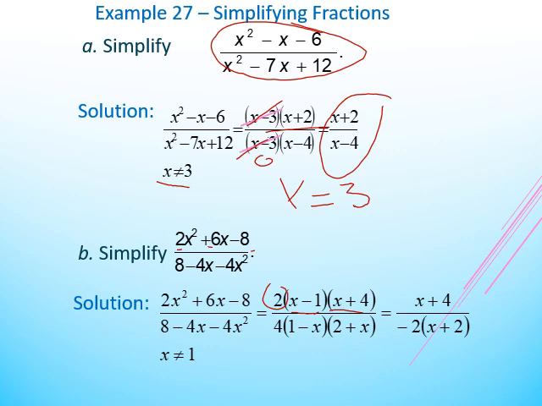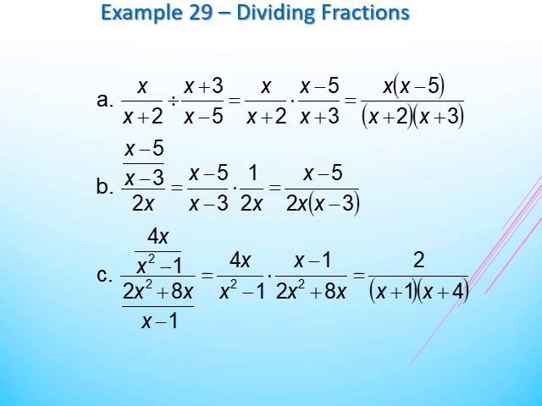The same in the denominator, we take a common factor 4 and the rest equals 1 minus x times 2 plus x. We get x plus 4 over 2 minus 2 times x plus 2. And also be sure that x will never equal 1, because if x equals 1, the denominator will equal 0.